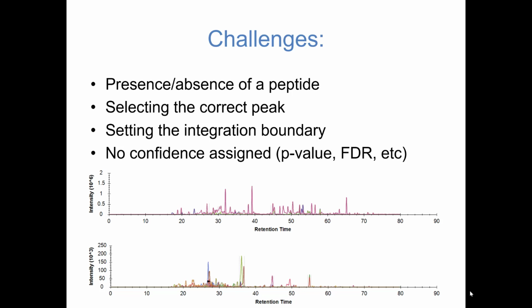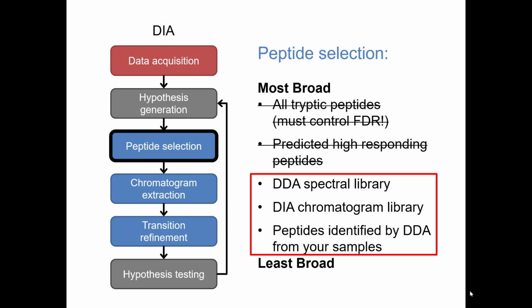If you're doing this naively, it's really hard to assign a p-value or confidence to this measure, and you really need to, because a lot of those peptides aren't present at the levels you would need to see them at, or they don't provide enough signal.